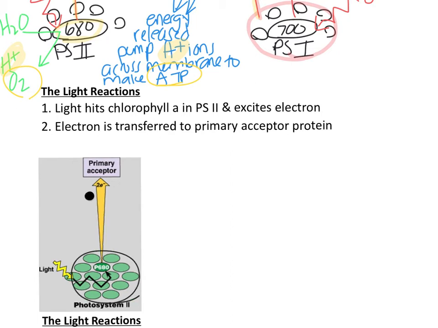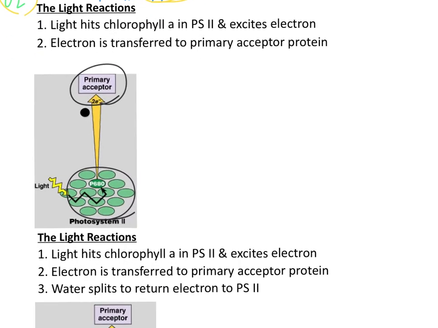Our photosystem is a group of pigments. Those pigments get excited when light hits them. Light is energy, so it gives the electrons in those pigments more energy. The excited electron gets grabbed by a protein called the primary acceptor.